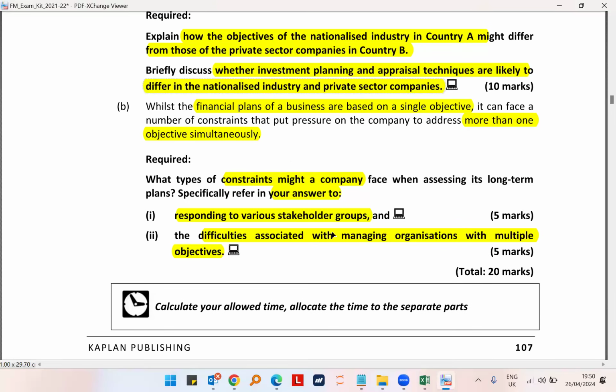So here we are going to discuss this part, and we are looking at two aspects. How do companies deal with more than one objective? And also, how do you respond to different stakeholders?